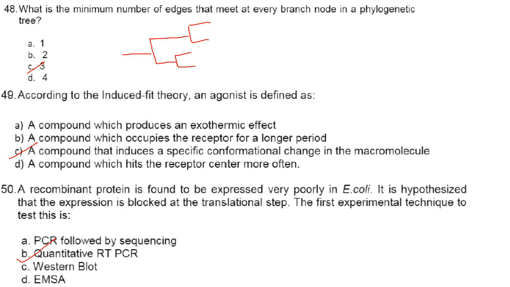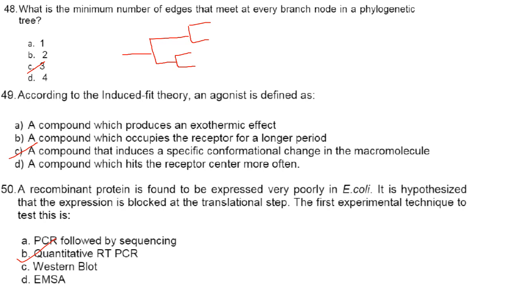Then a recombinant protein is found to be expressed very poorly in E. coli. It is hypothesized that the expression is blocked at a translational step. The first experimental technique to test this is. So it is during protein synthesis. The answer is quantitative RT-PCR.